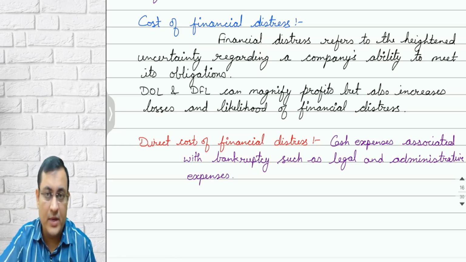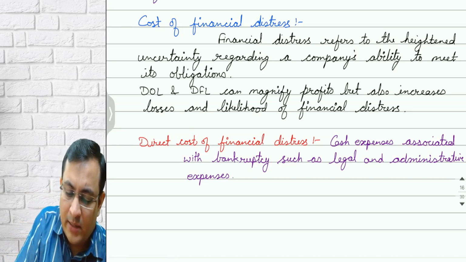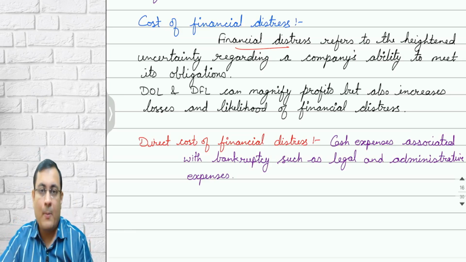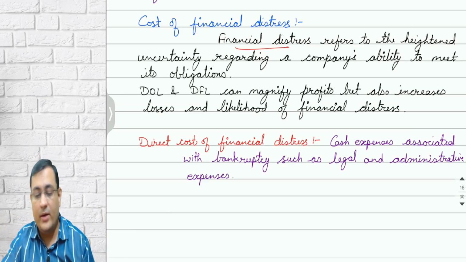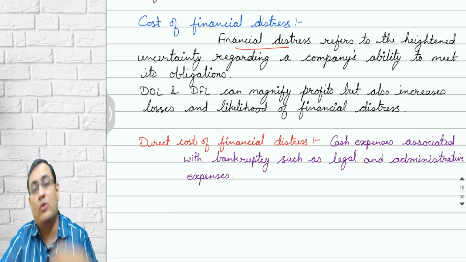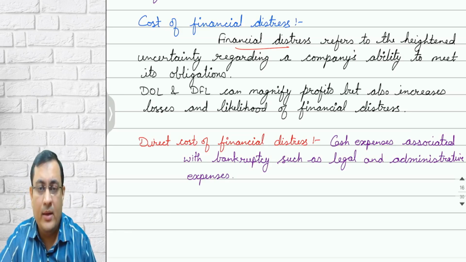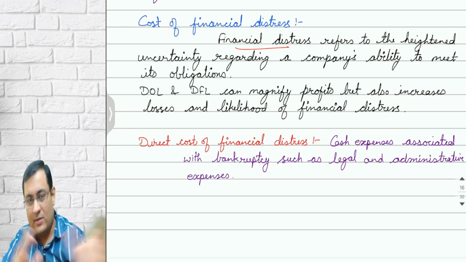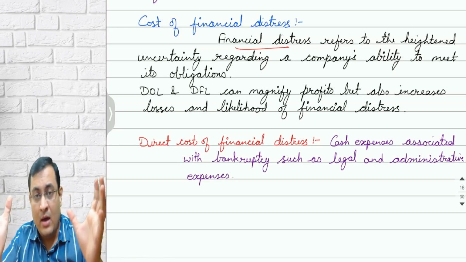What is cost of financial distress? First find out what financial distress is. Financial distress is referred to as the heightened uncertainty, the extra risk regarding the company's ability to meet its obligations related to the payment of interest and the maturity amount whenever the debt is going to mature. Of course, operating leverage and financial leverage are going to magnify my returns, but they are also magnifying the losses.